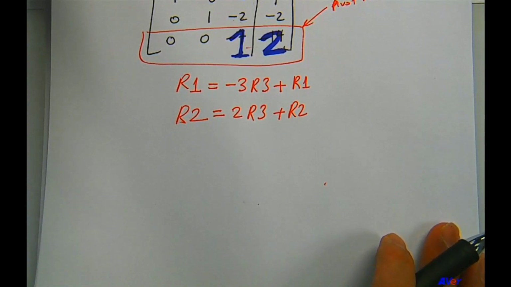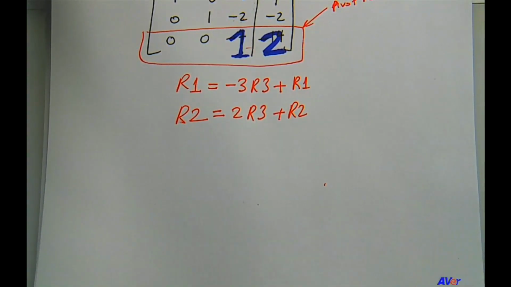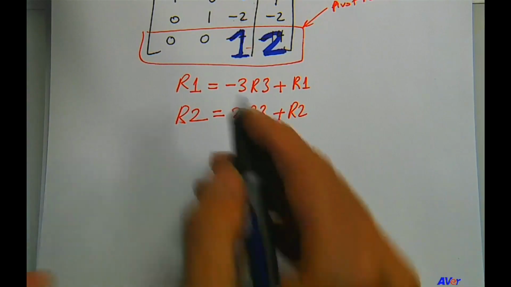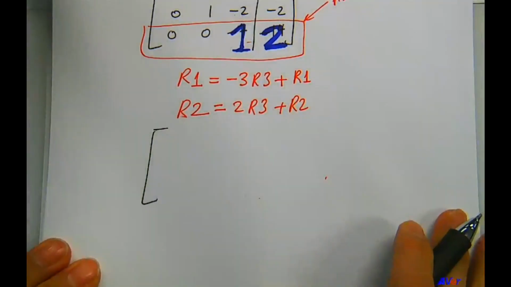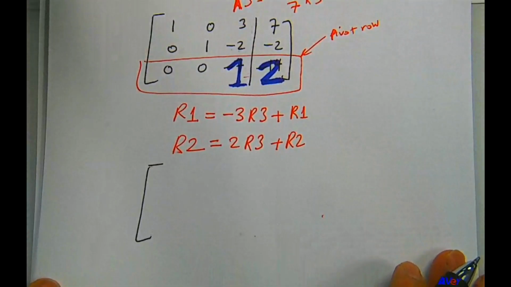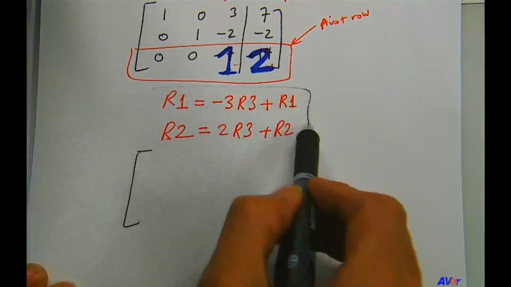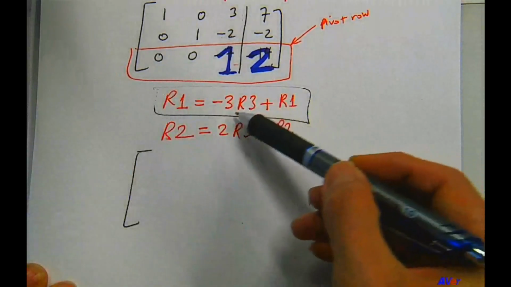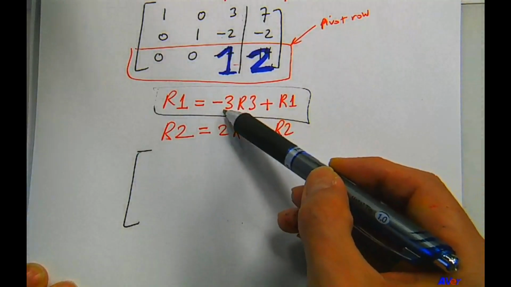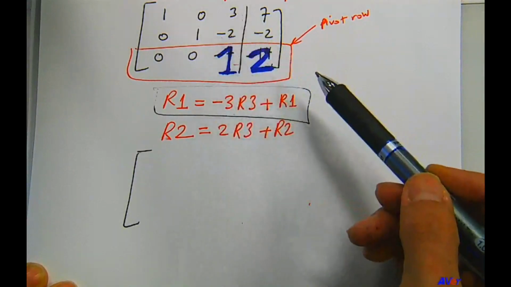I hope you repeatedly pause the video, write down your own solution, and come back to the video to see how you're progressing through this procedure. All right, so first, carrying out this row operation, this is saying multiply row 3 by -3 and add it to row 1.